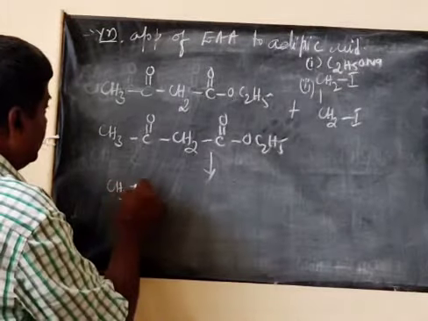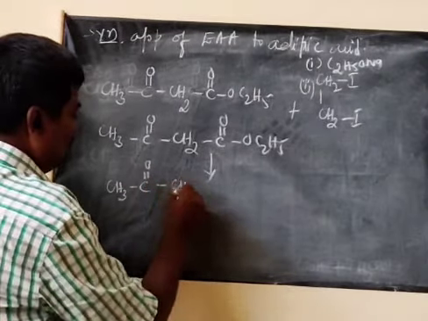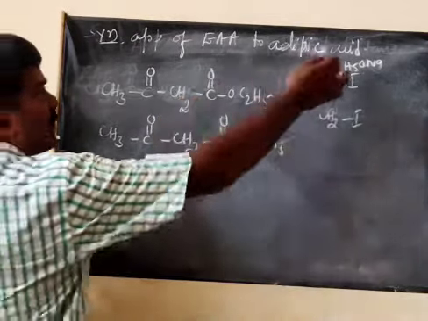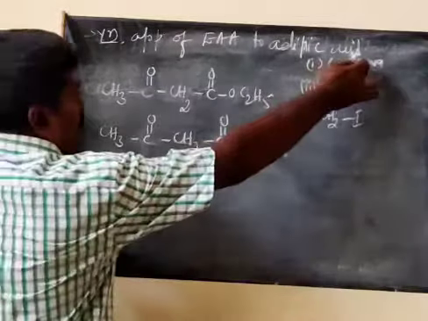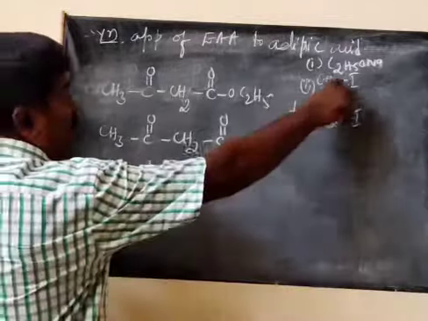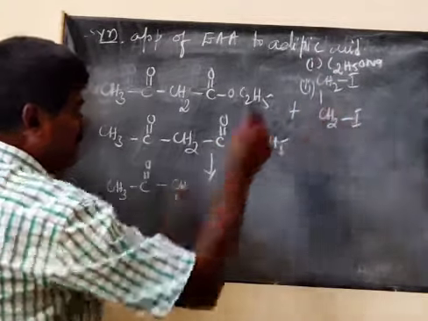See, in CH3 C=O CH, one proton is replaced by sodium ion. Similarly, here one proton is replaced by sodium ion. It forms the sodium salt, and then that reacts with ethylene diiodide.